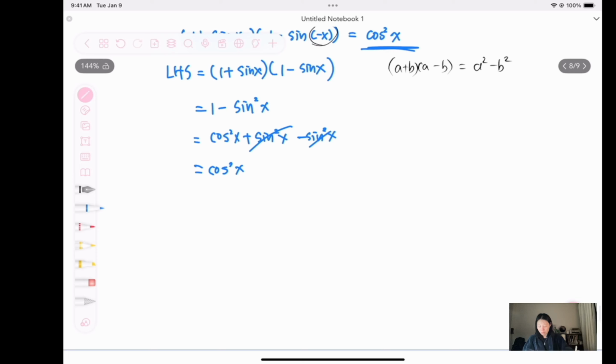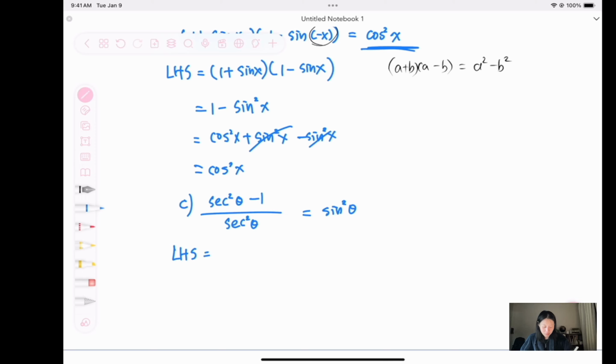Another example, we have secant squared minus 1 over secant squared equals sine squared. Again, try to simplify the messier side, which is our left-hand side.